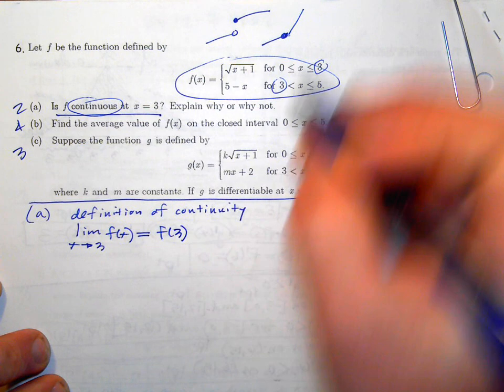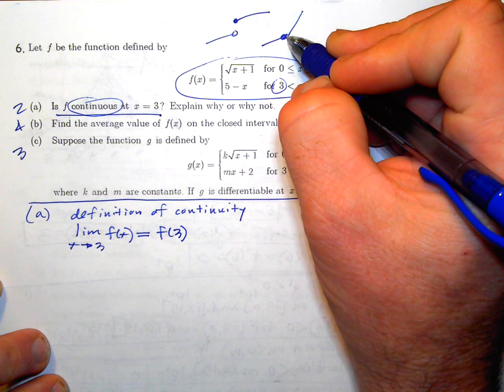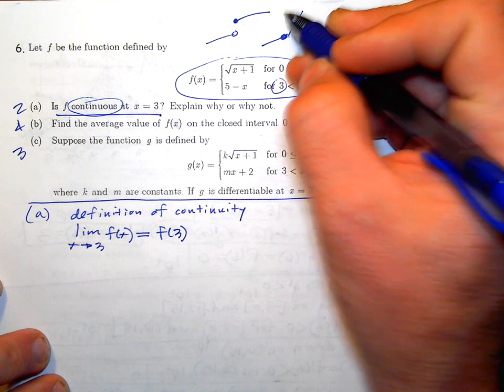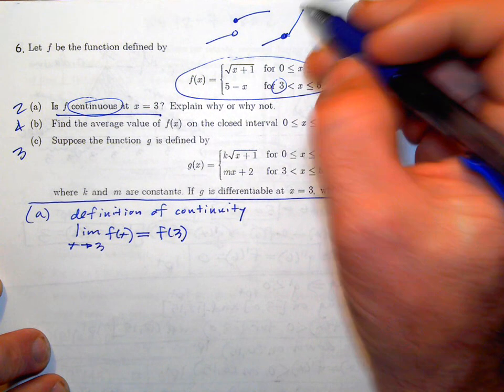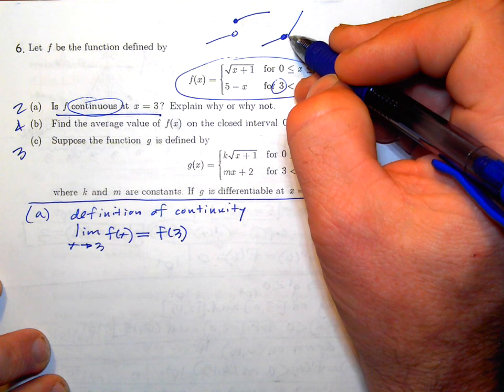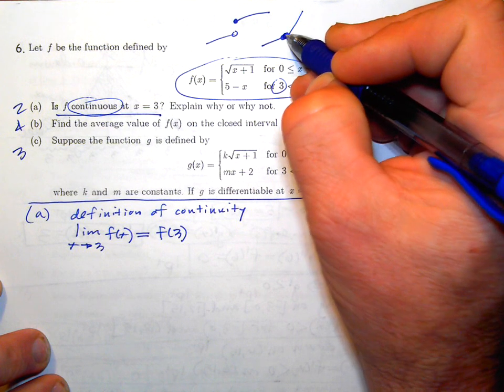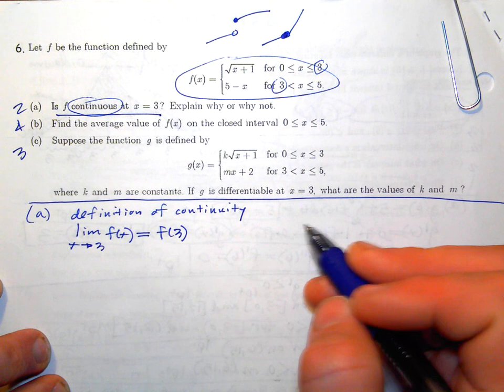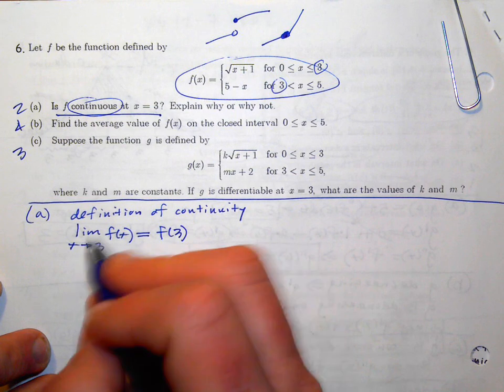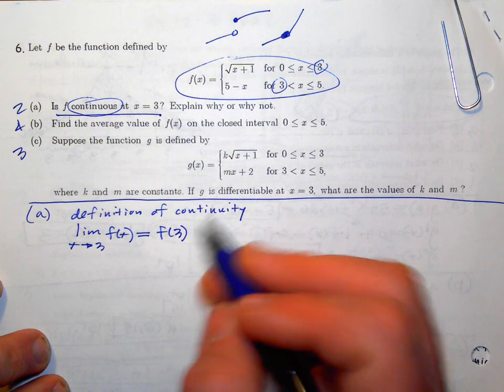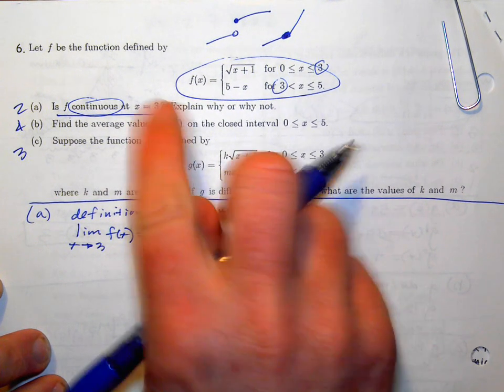Because it's not enough for both sides to agree, since if you have an open dot or a jump, then it's not continuous. So we want both sides to agree so they're connected, but we also want the value at that point to agree. This is what we need to prove that the function is continuous at x equals 3.